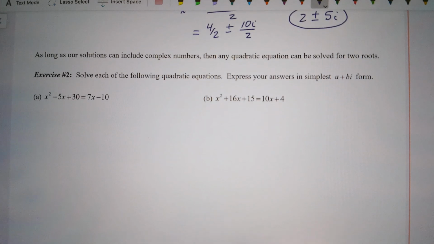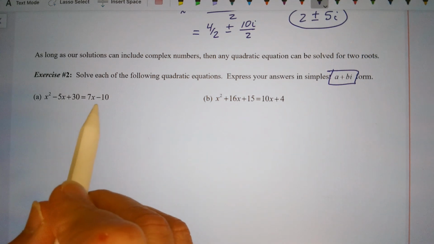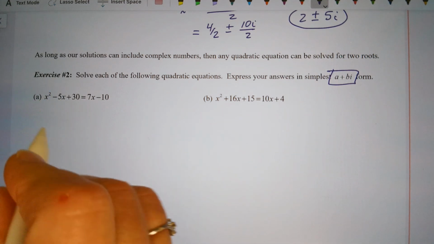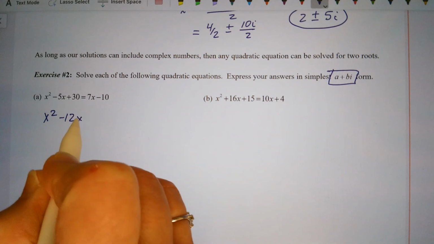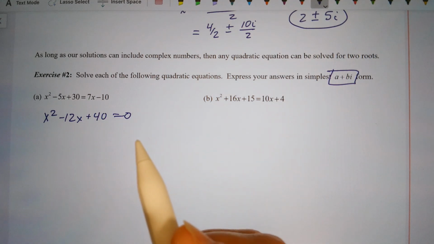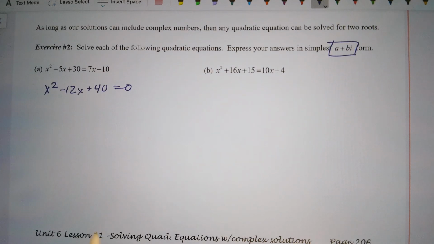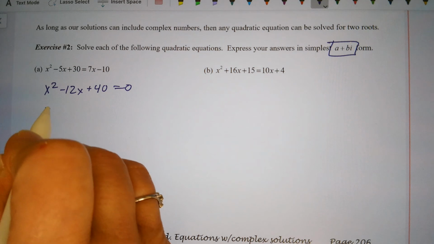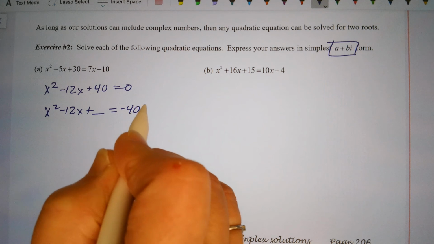Solve each of the following. Express your answers in a plus bi form. Standard form first, so let's subtract 7x and add 10. I'm going to use complete the square for this one. All right, it's good practice. x squared minus 12x plus blank equals negative 40 plus blank.